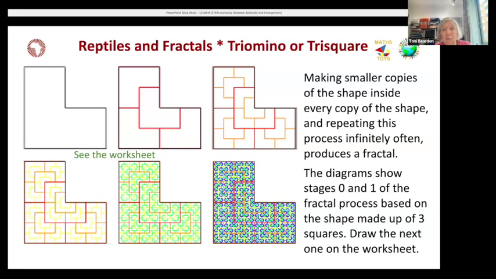So this is what we call a fractal. It's based on a shape made up of 3 squares, and each time you draw the next one on the worksheet, you get this packing. In practical terms, it would be difficult to continue any further than this 6th multicoloured one. But in mathematics, you can imagine going on forever doing the same thing.